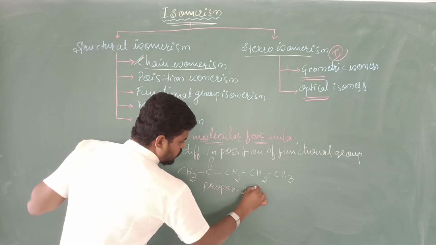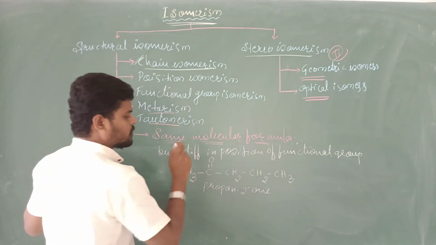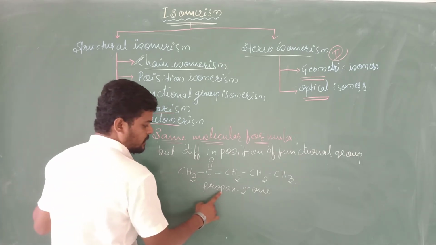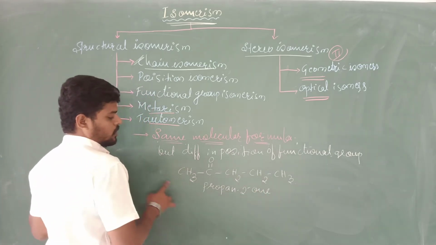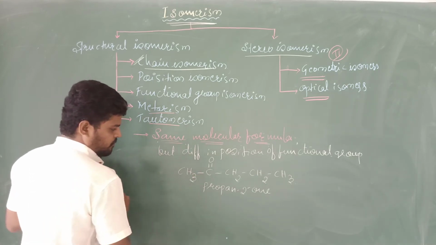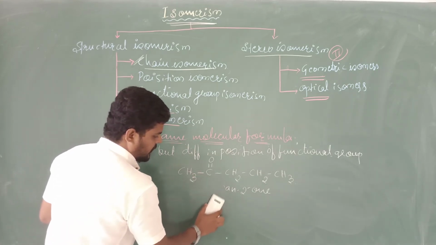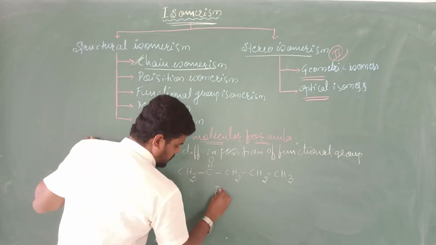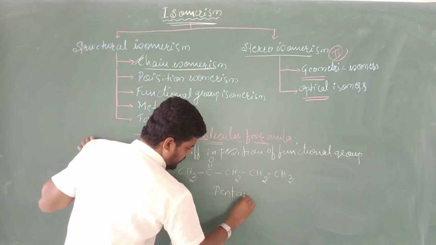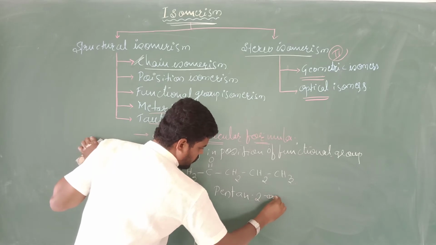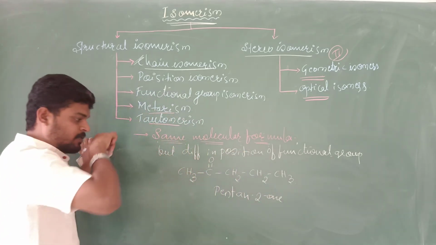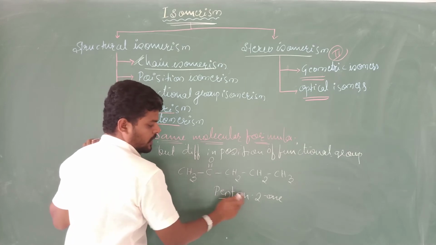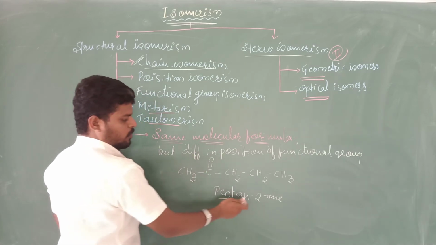Propan-2-one, because the functional group is at the second carbon atom. The number of carbon atoms is 5, so it is pentan-2-one, because of the presence of 5 carbon atoms, with a ketonic group.